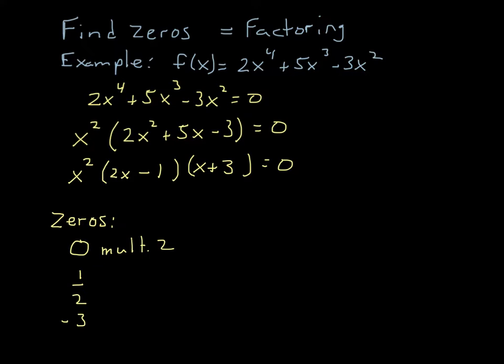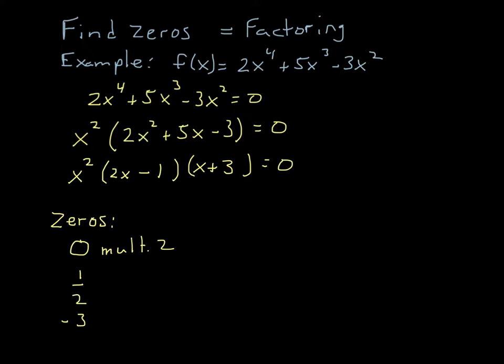Next thing we want to do is identify the end behavior. Well, in this case, I know that the end behavior is always going to be determined by the leading term, the highest degree term. So in this case, the degree of that highest degree term is 4. So I know graphically the end behavior as I go off to positive or negative infinity, either both sides are going to go up or both sides are going down.